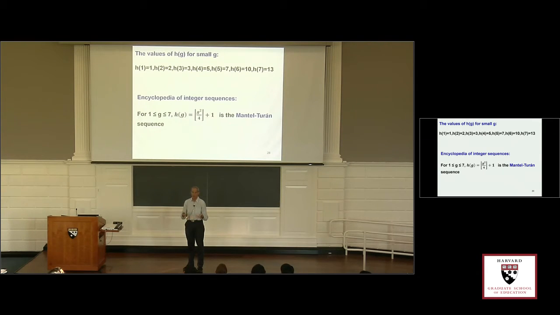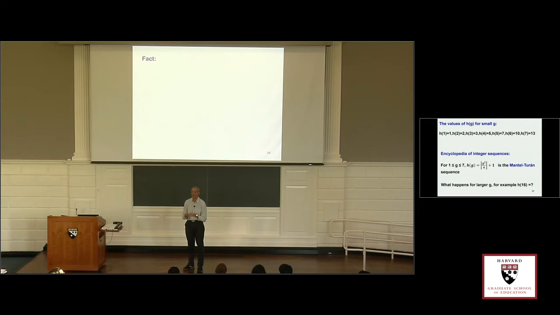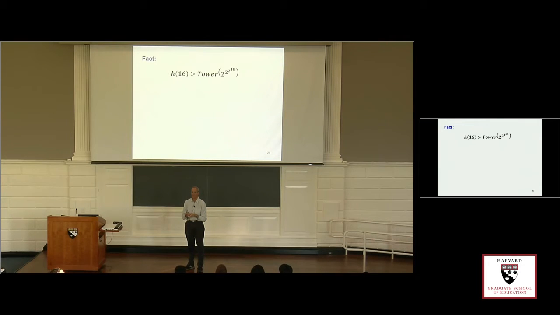So we may wonder what happens for bigger G. In particular, what about h of 16? I want the girth to be bigger than 16. If the formula were the same, it would have been 65, right? So it's not 65. I don't know what it is exactly, but the fact is that it's at least the following.